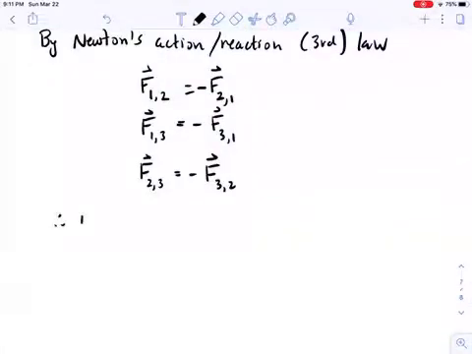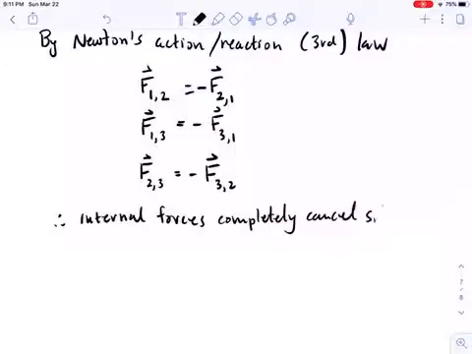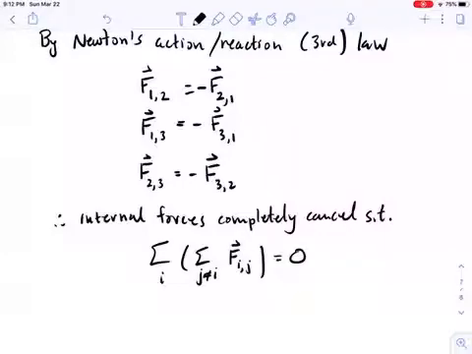So therefore, the internal forces completely cancel, such that we have this sum over i and sum over j not equal to i of Fij is exactly equal to 0.